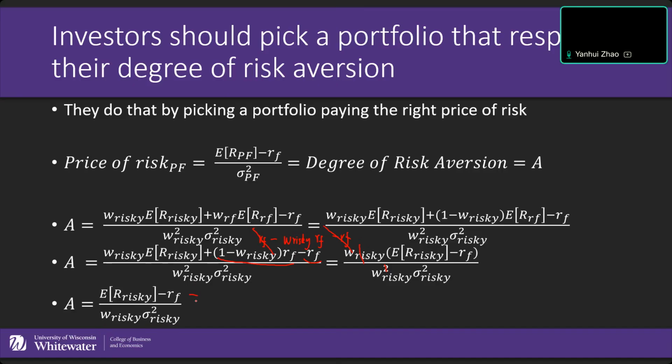This is the risk premium of the risky asset, divided by the weight of the risky asset times the variance of the risky asset. So that is how we find the degree of risk aversion based on how investors allocate their portfolio. If you give me 70-30, I can calculate your degree of risk aversion. 80-20, I can also calculate it.